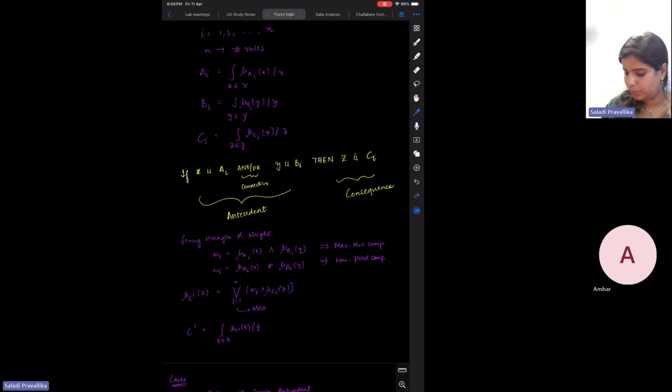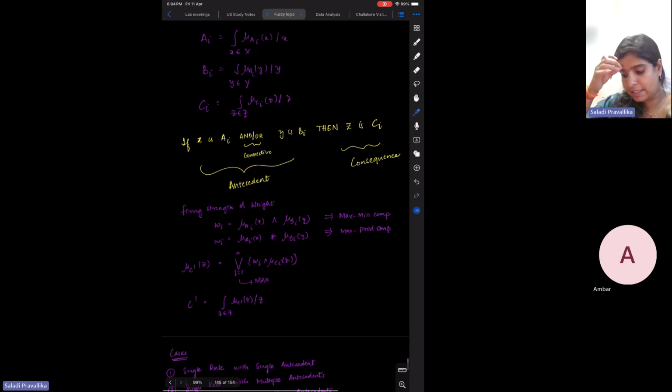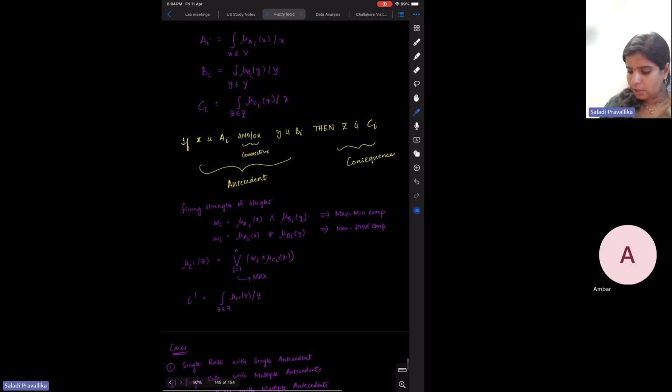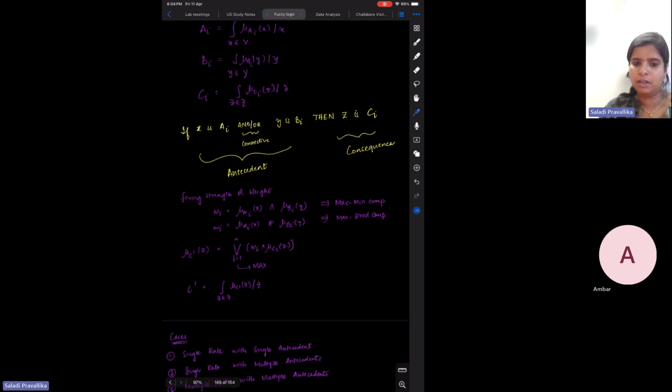Here, x is Ai and y is Bi is our antecedent, and z is Ci is our consequence. For this, we have something called the firing strength for every rule. At the ith rule, I have a different firing strength, which we can also call the weight, represented as Wi.